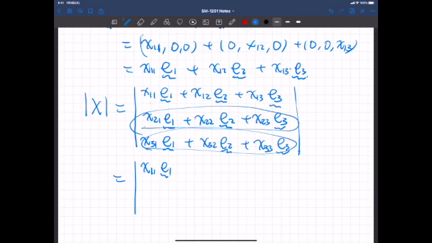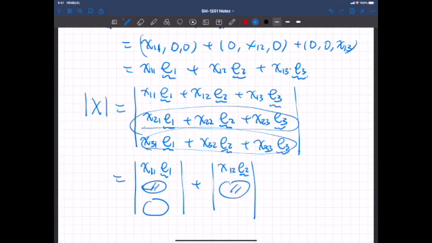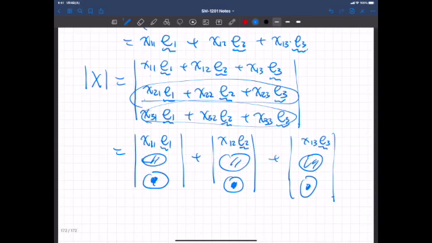And the second term, everything else is the same. And x13 e3, and everything else is the same. Okay, and we can put each of these coefficients out. So x11 comes here, x12 comes here, and x13 comes here.